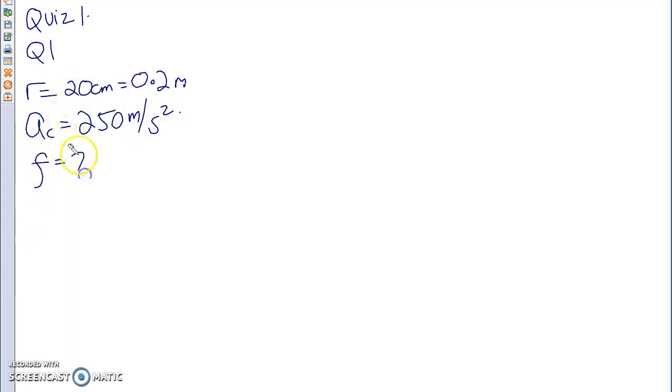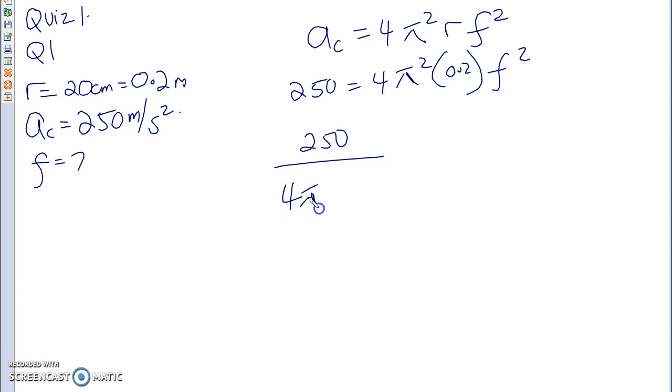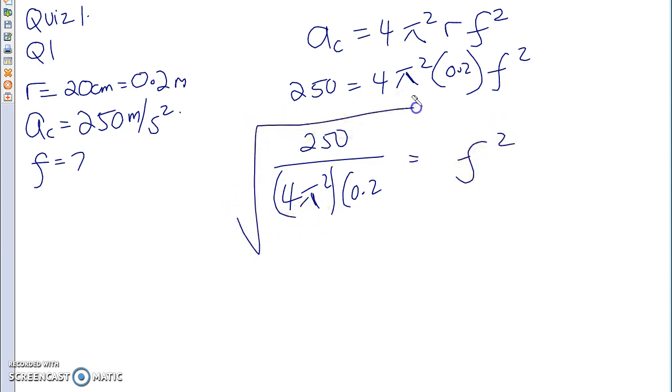And we are looking for the frequency. We don't know the frequency. So what we'll do is, again, AC equals 4 pi squared R F squared. 250 equals 4 pi squared times 0.2 times F squared, so 250 divided by 4 pi squared times 0.2 equals F squared, square root it.